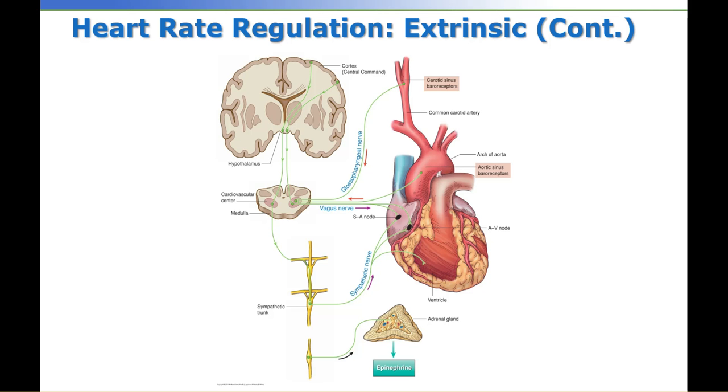Then sympathetic nerves increase the heart rate and myocardial contractility and dilate coronary arteries, and that comes from the adrenaline type of response, which is why you see epinephrine there, released from the adrenal gland.